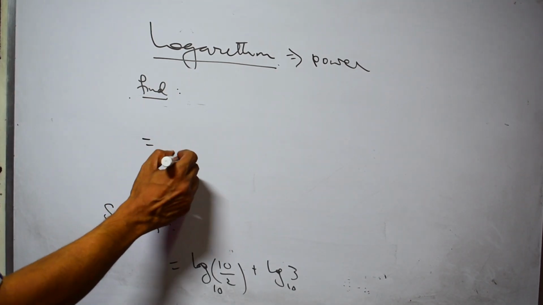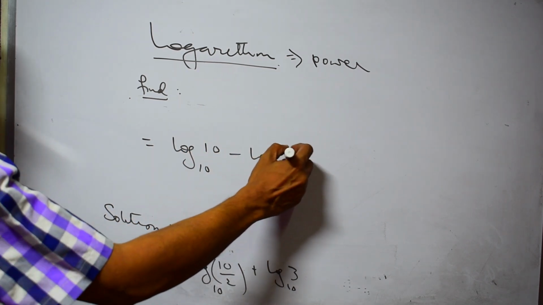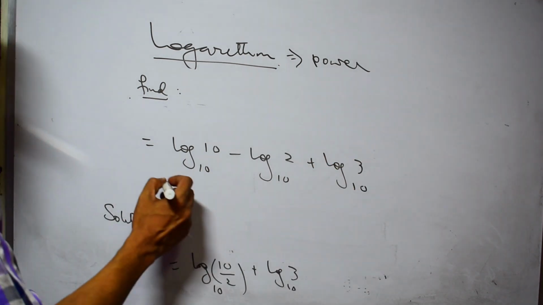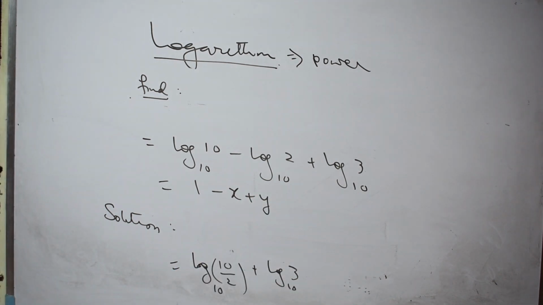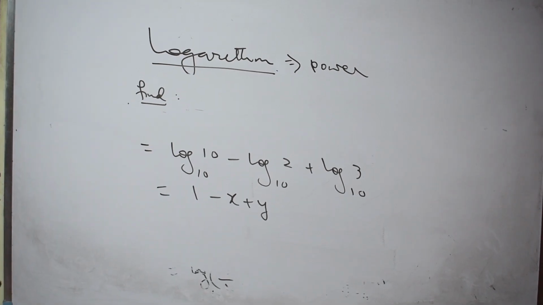So our result comes to log 10 to the base 10 minus log 2 to the base 10 plus log 3 to the base 10. So our answer is 1 minus x plus y. This is the final answer for log 15 in terms of x and y.